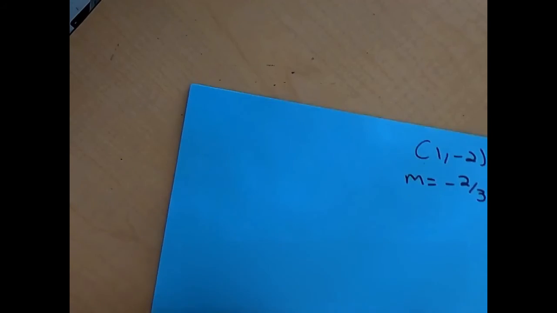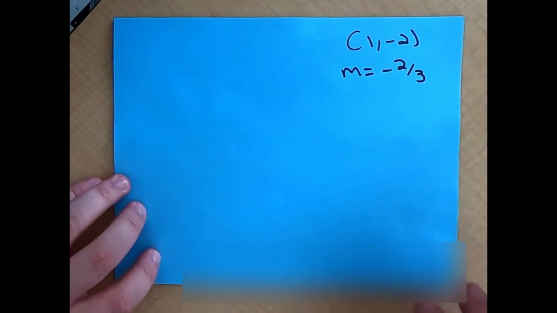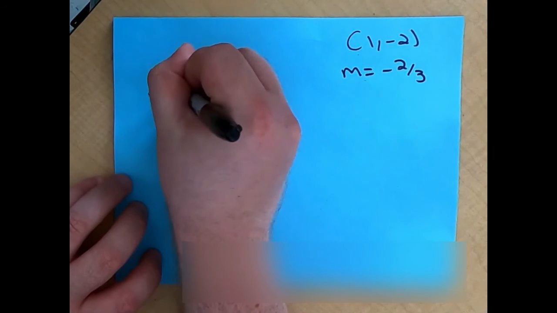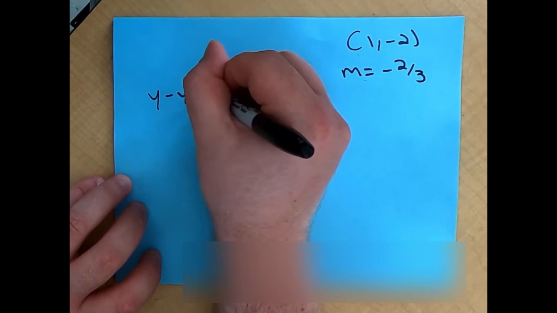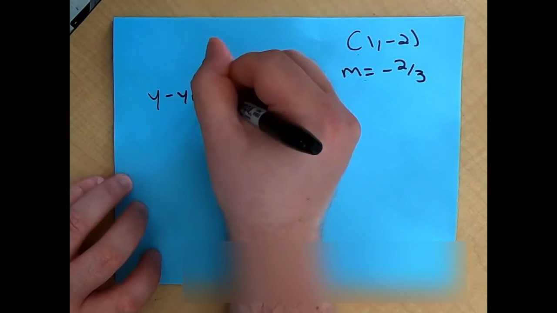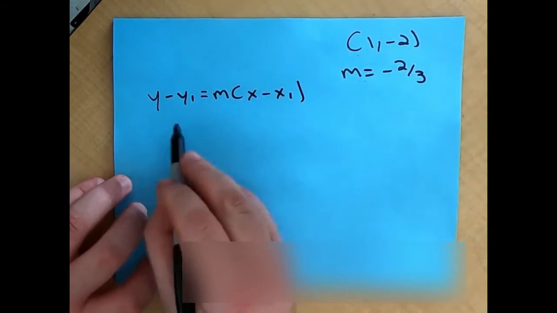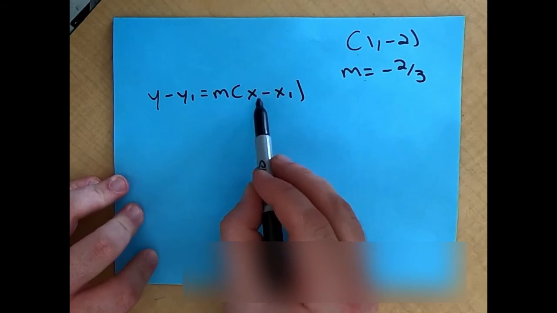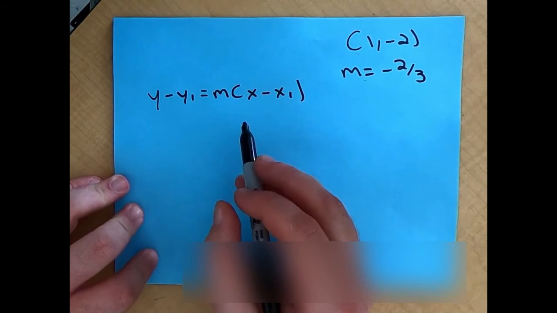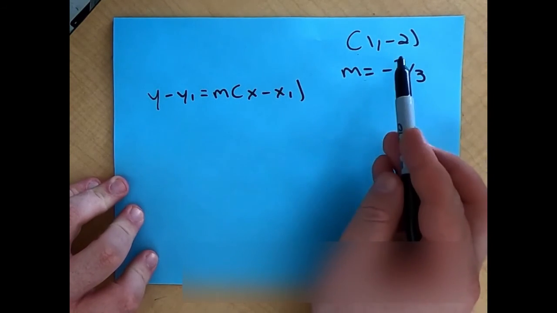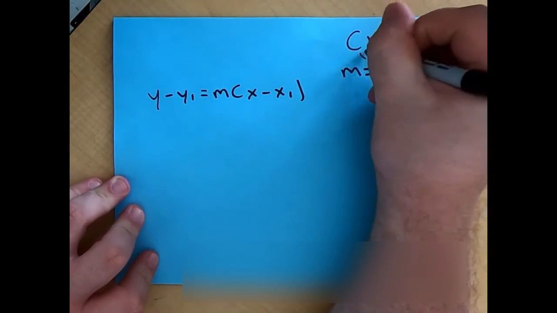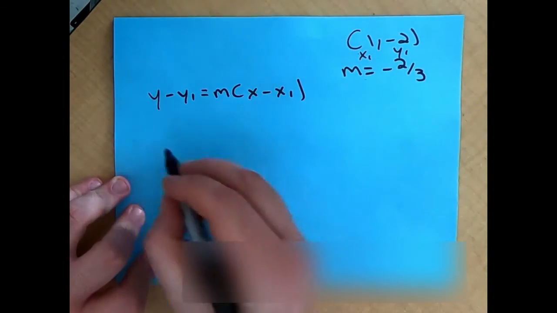So knowing that, and knowing that we have to use our point-slope formula, which is y minus y1 equals m distributed to x minus x1. We have our slope, and we have our point, x1, y1.